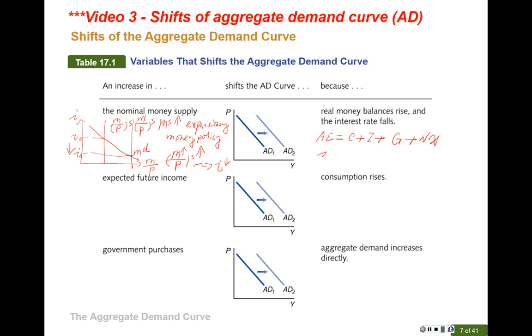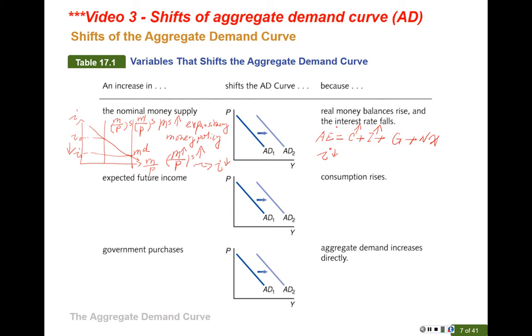With a lower level of the interest rate, which we got from the liquidity preference model, we know the household will spend more money because the cost of borrowing money reduces, so the consumption goes up. Meanwhile, because the interest rate goes down, firms would like to borrow more money and spend money on the investment, buying machines, building new factories. So investment jumps up as well.